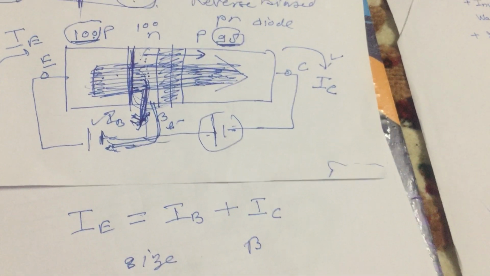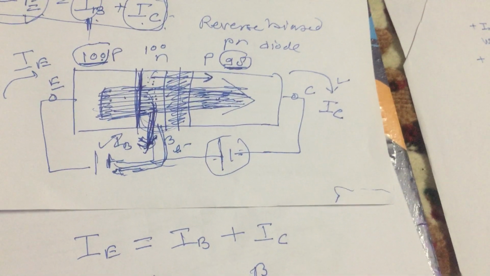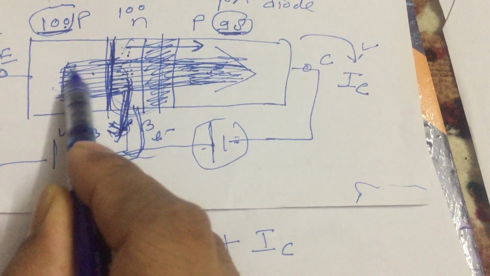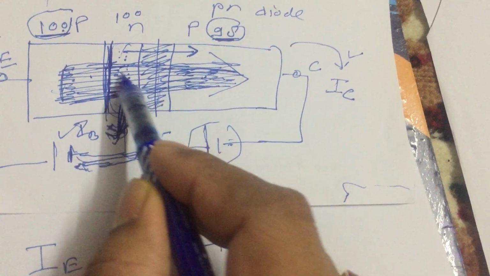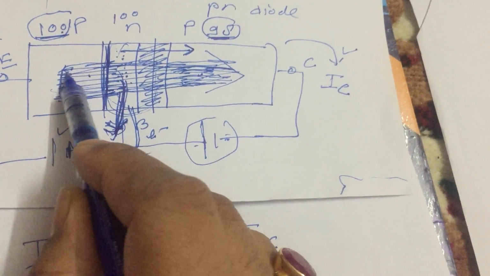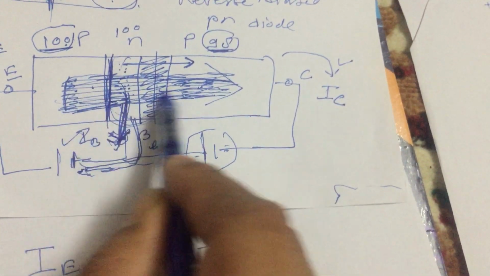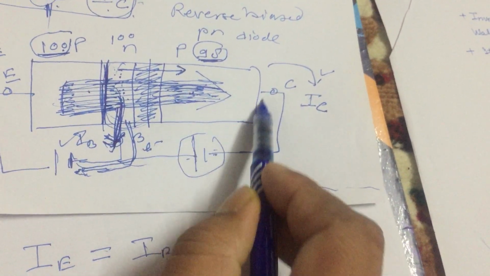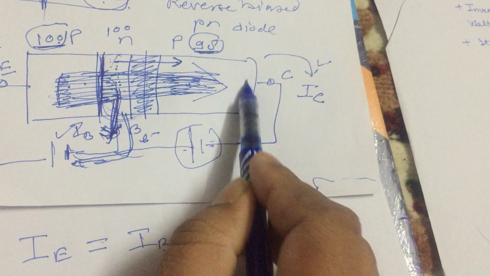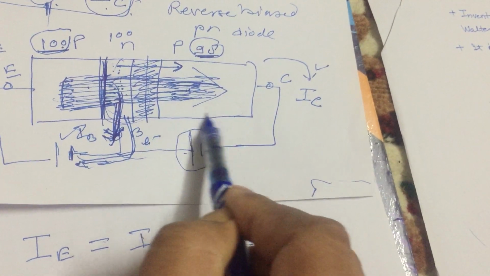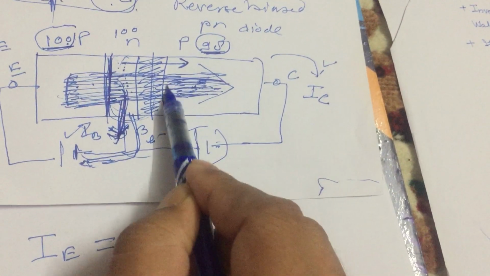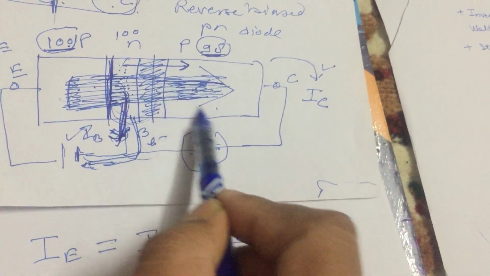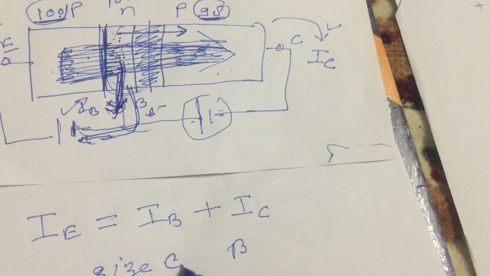Now second thing, why are we making the size of the collector maximum? Because when current is flowing from the emitter to the base and then to the collector region, the current flows very fast, and it is all collected at the collector region. So there will be a lot of heat in this region. To dissipate and handle this heat, we make the collector size bigger.